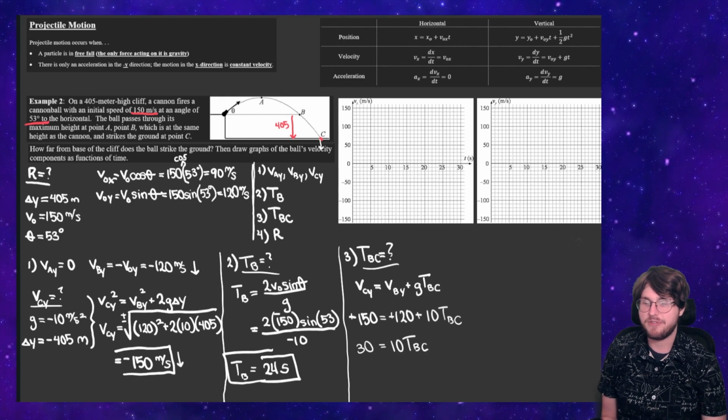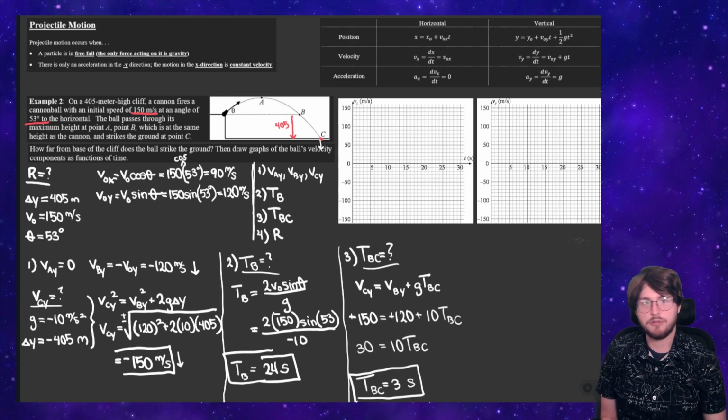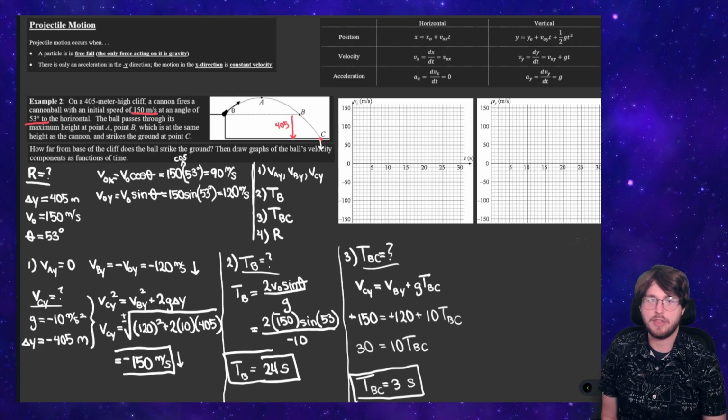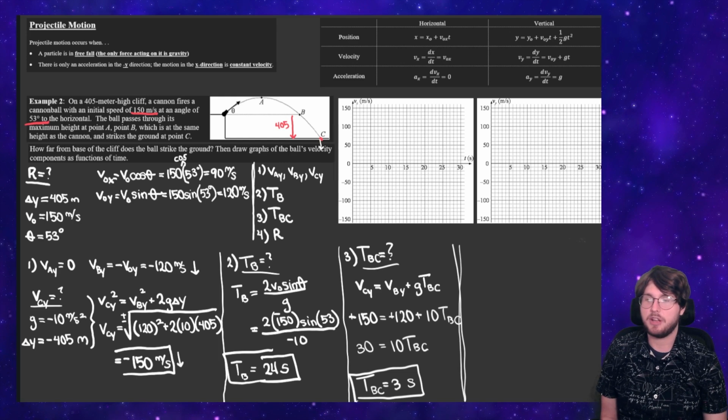So we divide both sides by 10, and we will find that TBC is approximately 3 seconds. So it takes 3 seconds for this projectile to travel from B to C, or to travel that 405 meter distance.